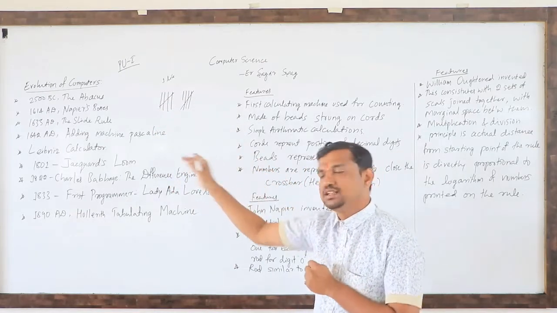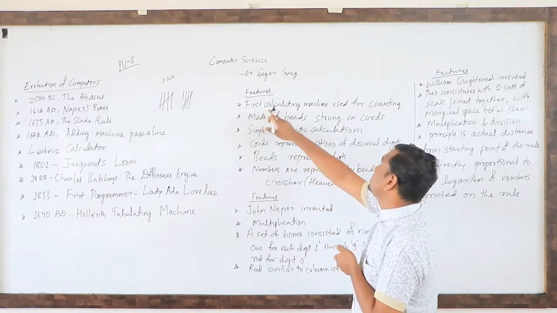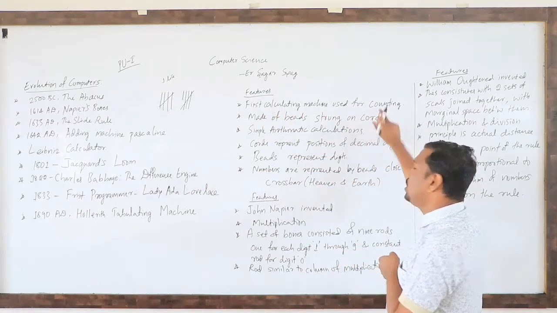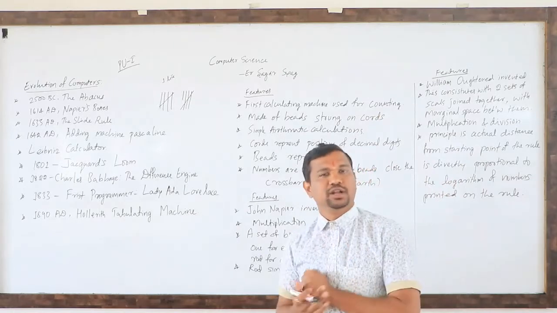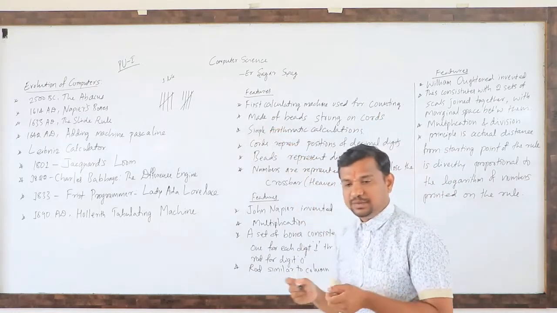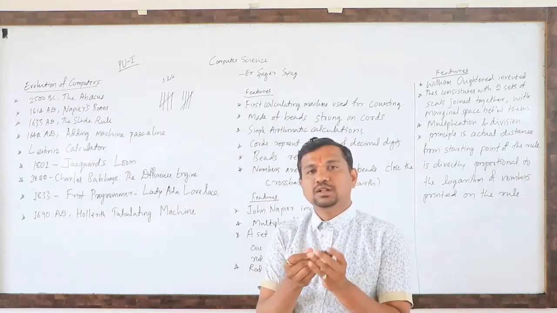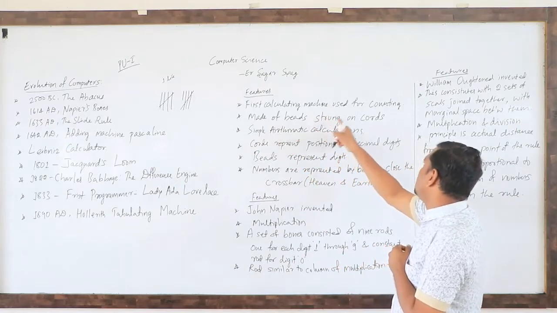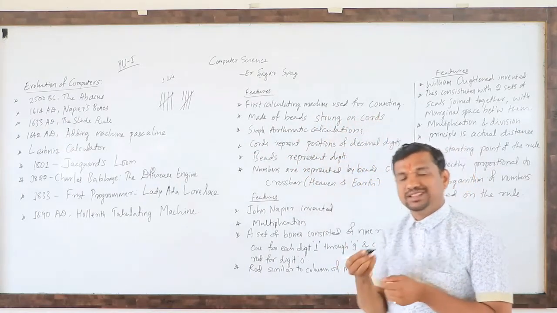The first one is the abacus. The abacus is the first calculating machine used for counting. How is it done? There is a rod, made up of beads strung on cords.